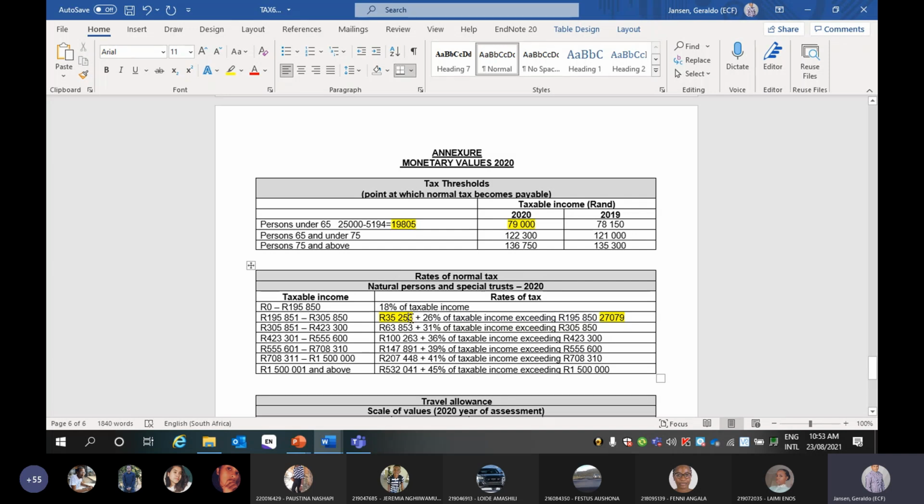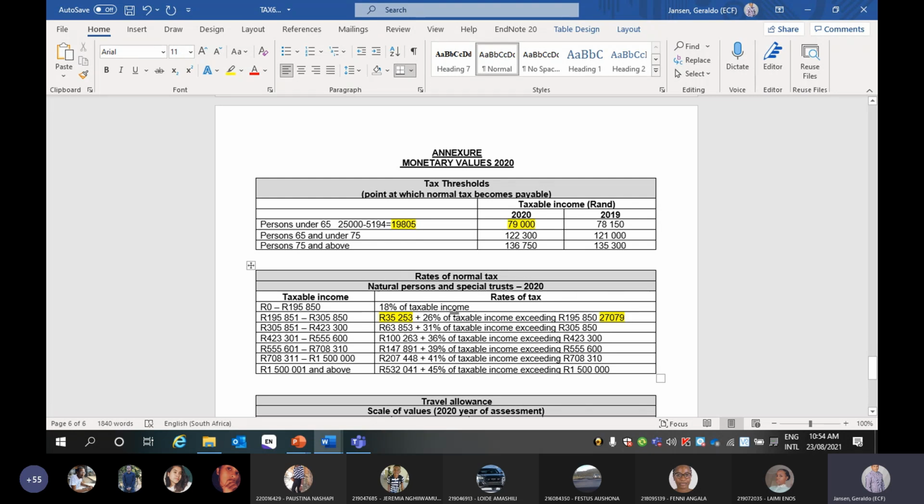But anyway, to get to your question, where does the 35,000 come from? These amounts are fixed. That is why I said I'll give you the table. So basically what they say is, for this bracket, you will pay a fixed 35,253 plus you must also work out 26% of every dollar that exceeds the 195,850. And that is why we said 300,000 minus 195,850. Then we multiply it by 26% to get this 27,079.